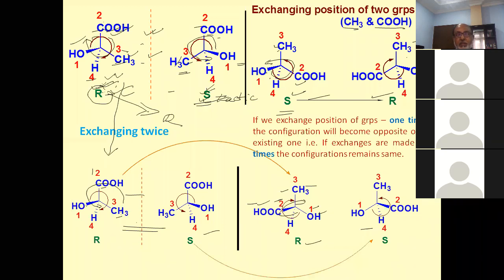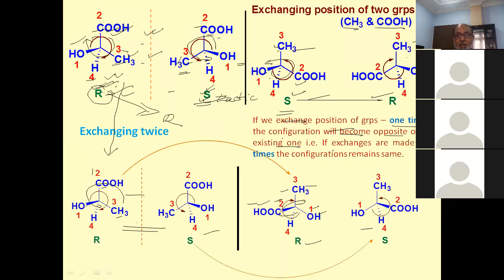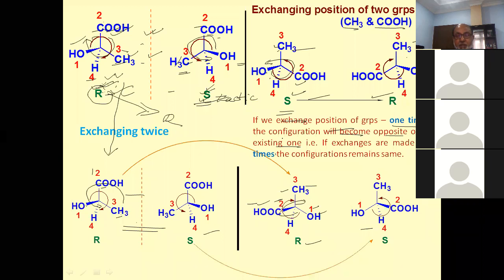The conclusion is if we exchange the position of groups one time, the configuration will become the opposite of the existing one. And if exchanges are made two times, the configuration remains the same.